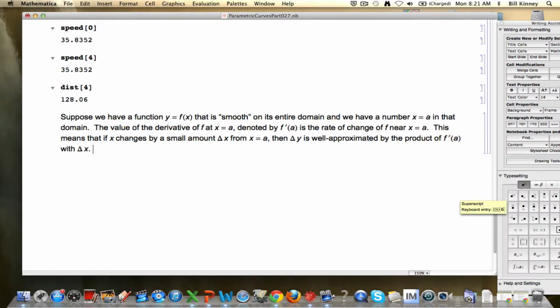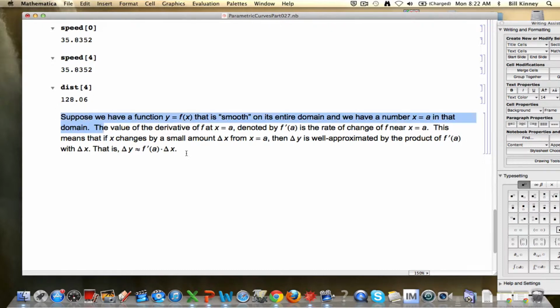In an approximate equation, we can write that the change in y is approximately f prime of a times delta x.